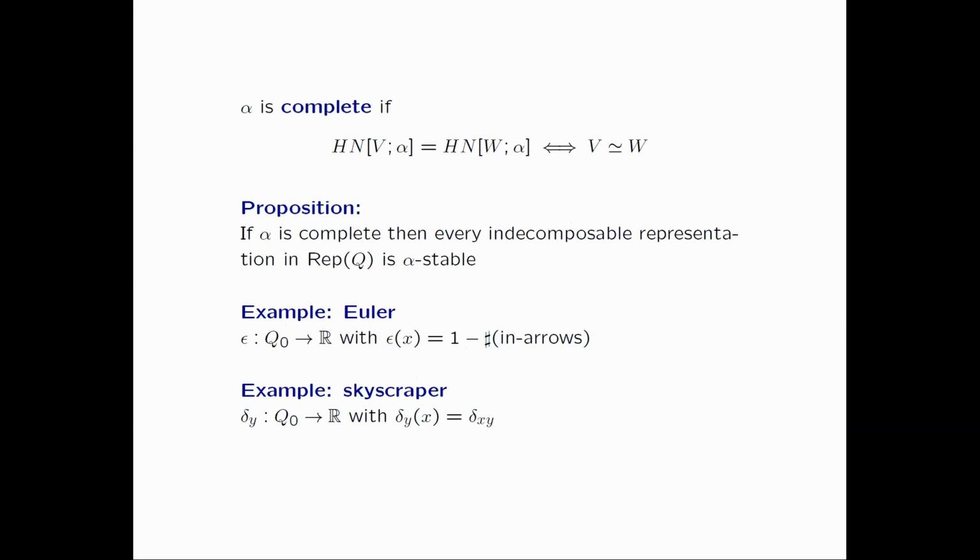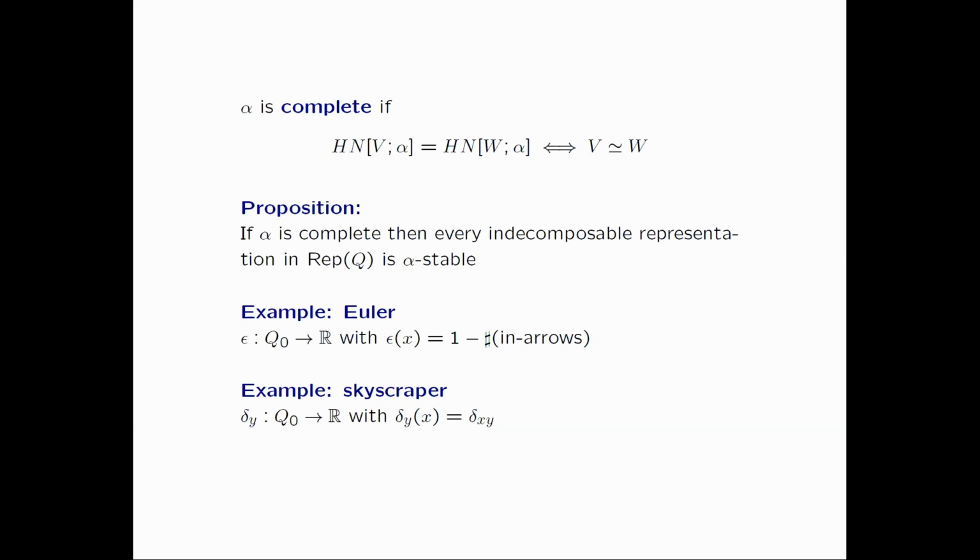We call alpha complete if the HN type is the same if and only if V and W are isomorphic. And the proposition is that if alpha is complete, then every indecomposable representation is alpha-stable, and generally also vice versa.